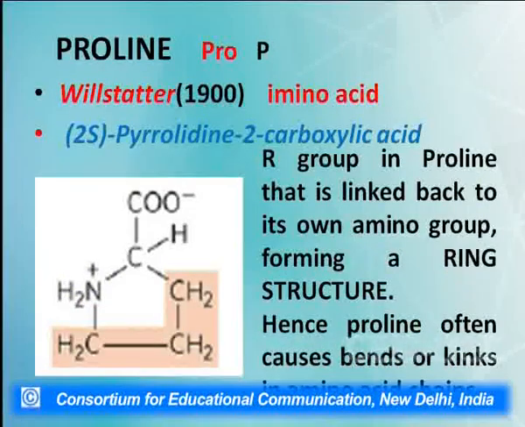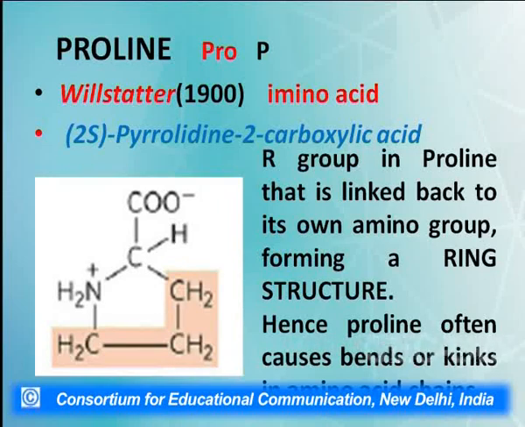The next amino acid is proline, and as we can see from the structure, proline does not have an amino group, it has an NH group, and here we've written NH2 positive, which I've shown here, meaning the amino group has been protonated.